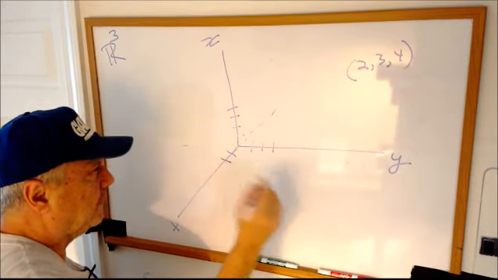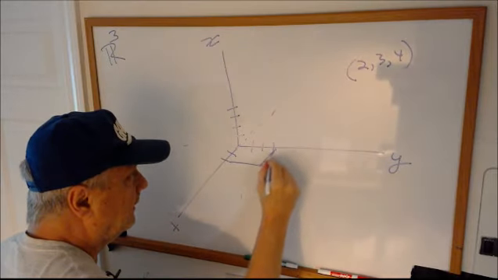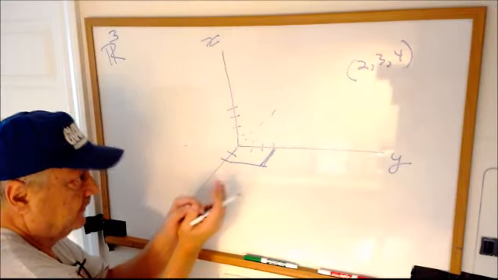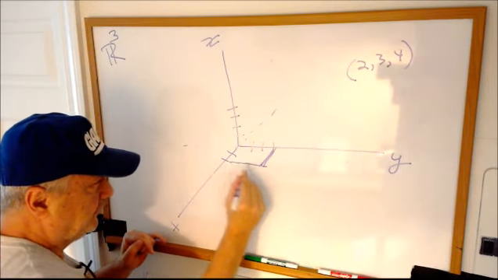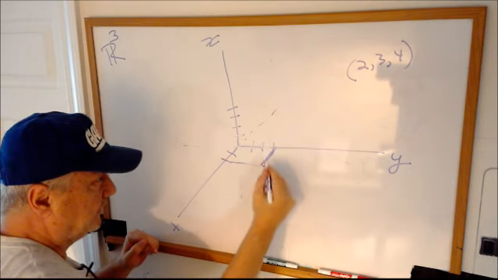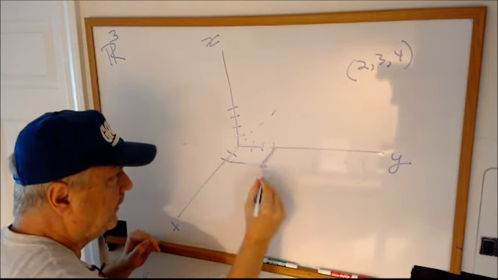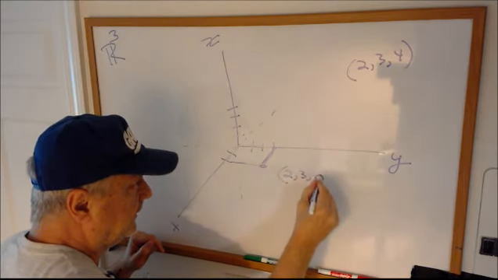And we usually draw things with a rectangle. And that rectangle is going to look slanted because we're drawing 3 dimensions on a 2-dimensional board. So this line is parallel with this line, and this line is parallel with that line. So this point here would be 2, 3, 0.